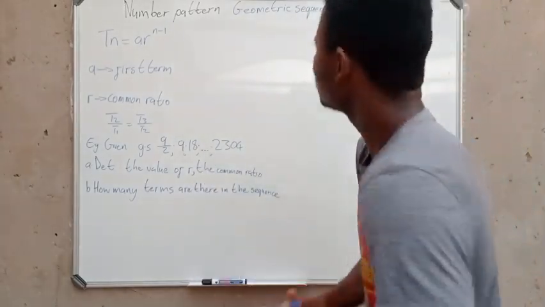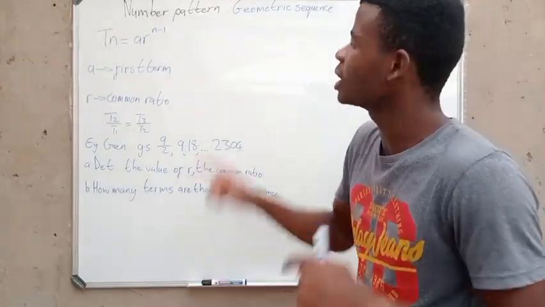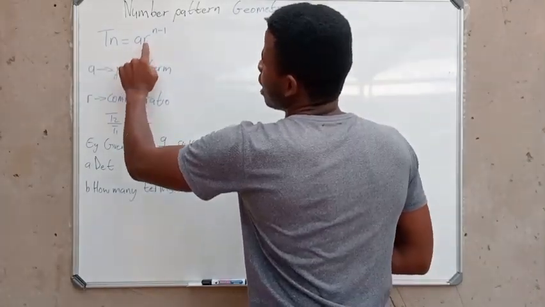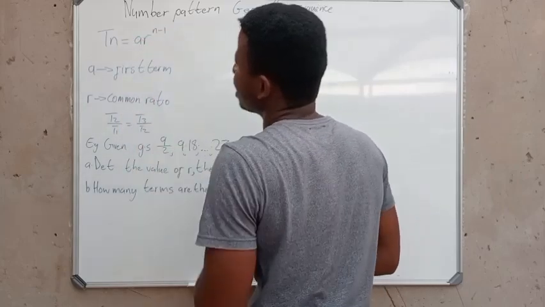Okay, so when we are talking about geometric sequence, you'll have to know this formula right here: Tn is equal to A R to the exponent n minus 1.